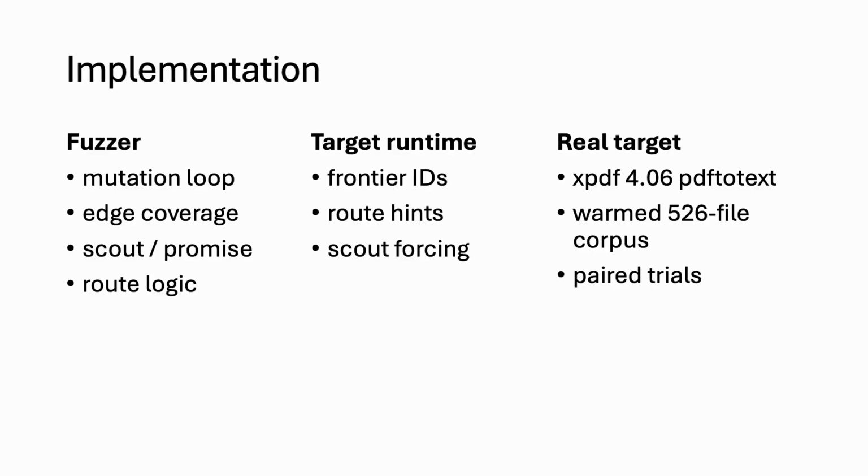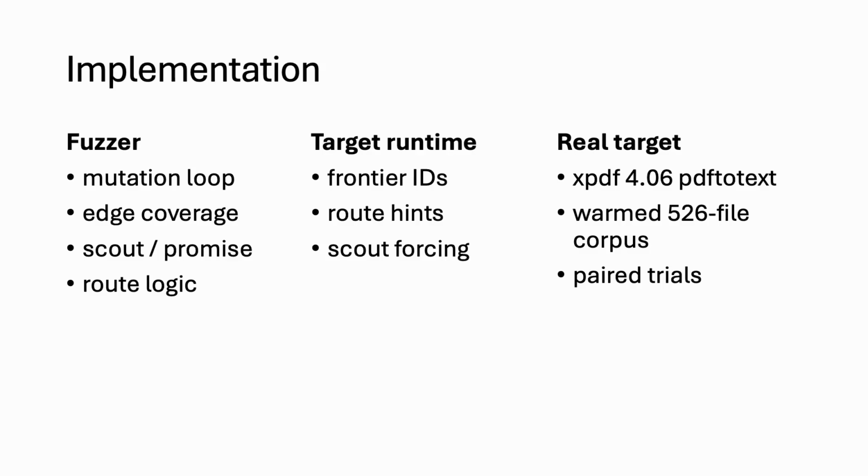I also added a small runtime that can emit these frontier IDs and emit route hints, and then all of the code to force one selected frontier during Scout mode. And then for the real target, I instrumented XPDF 4.06.